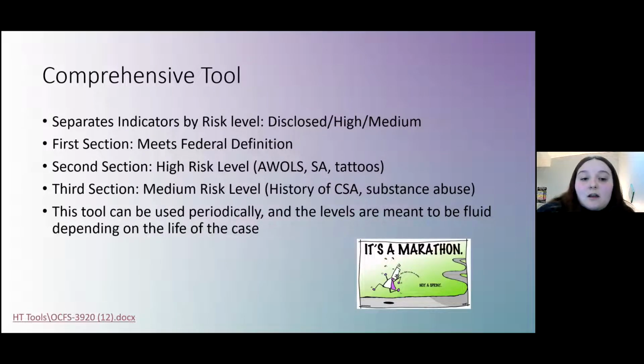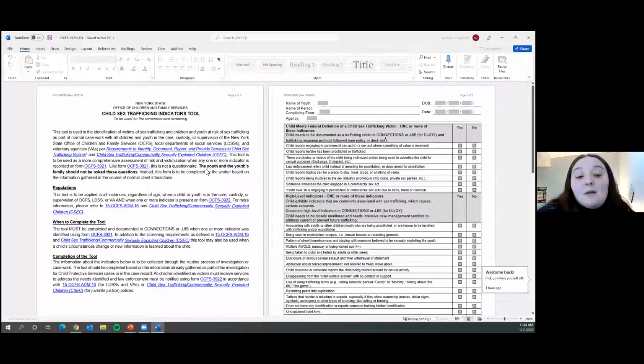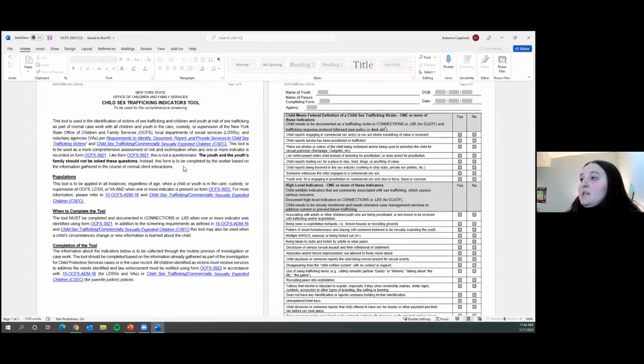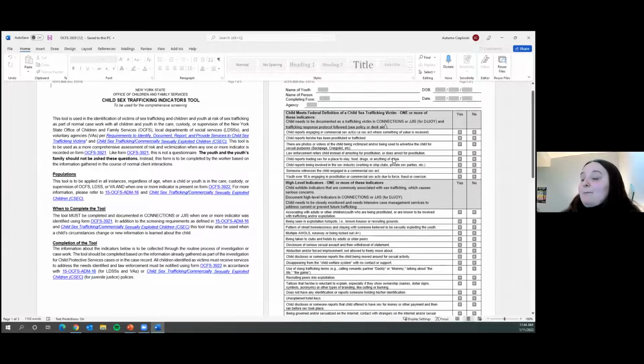So let's pull this up. The comprehensive tool is very helpful, and it breaks indicators down by risk level. Again, on the first page, it gives you instructions. Always fill out the top part.